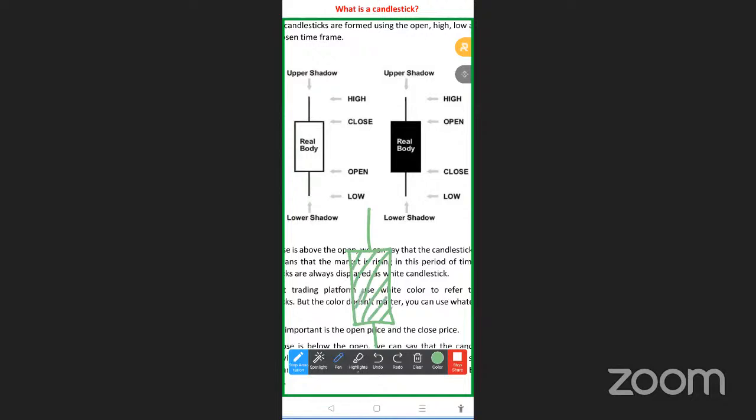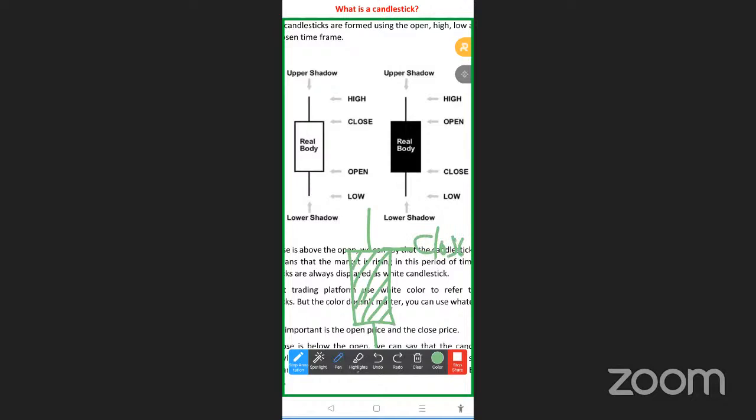Where the body ends, this is a green candle, so the green candle starts at the bottom and ends at the top. Where the body ends, we call it the close.